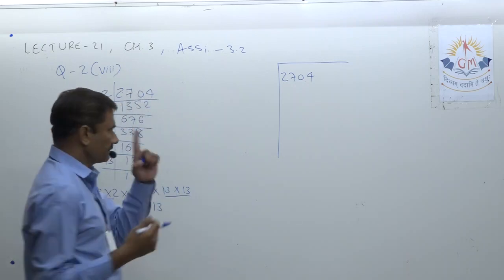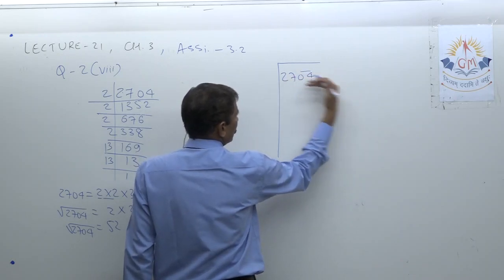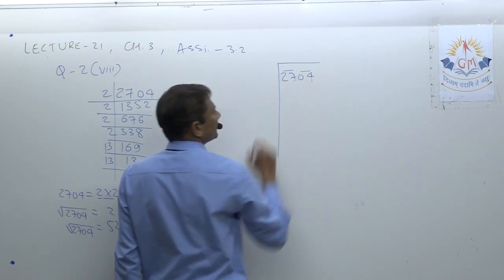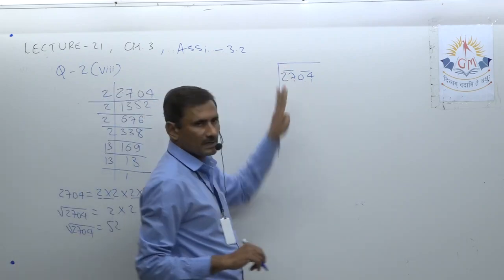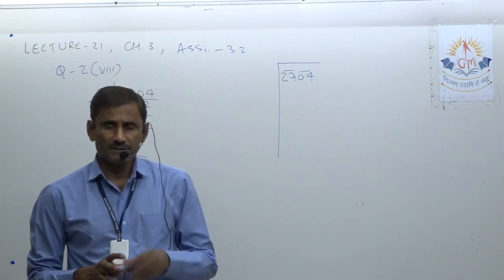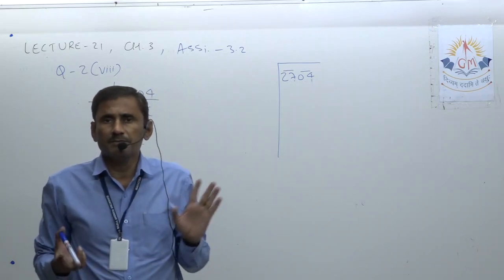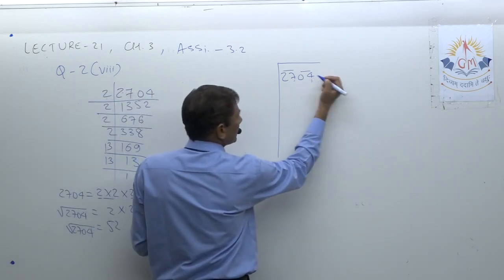First step, you have to make pairs from this side only, from the unit digit. Two digits make a pair; if a single digit is left at last, you can make a single-digit group under the bar. Start making groups from here only.